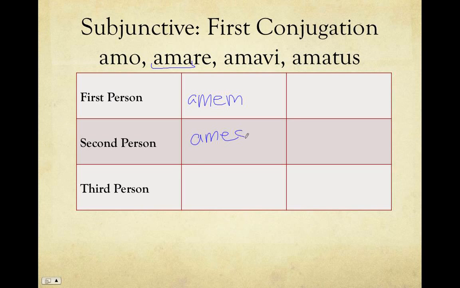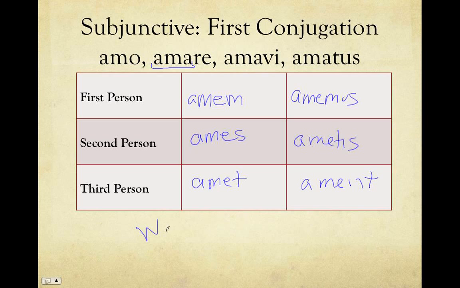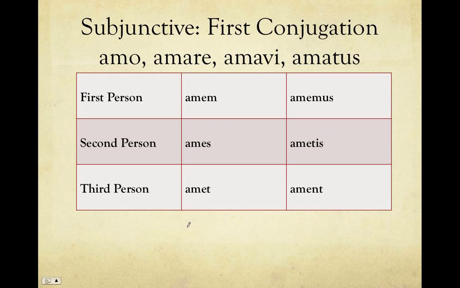Stem, vowel shift, ending. So this is the first conjugation, the we in we fear a liar. And there are your forms: amem, ames, amet, amemus, ametis, ament.